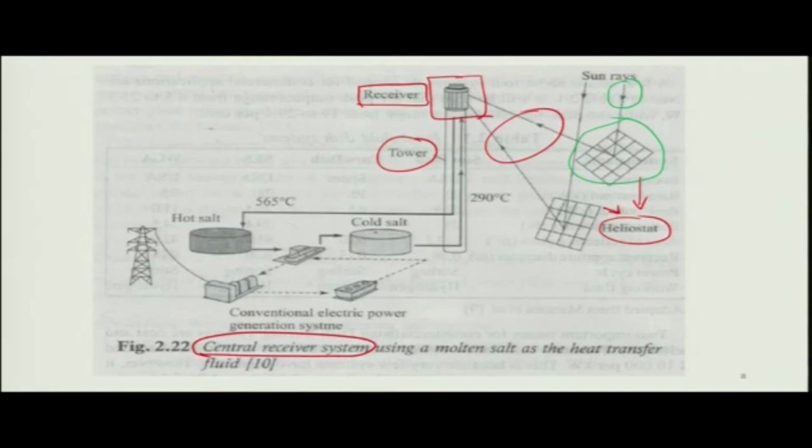If the sun position changes, it always changes, right, and this heliostat cannot track the sun, it will not be able to direct the sunlight in this fashion. So, perfect tracking of the sun is mandatory for any concentrating optics to work.